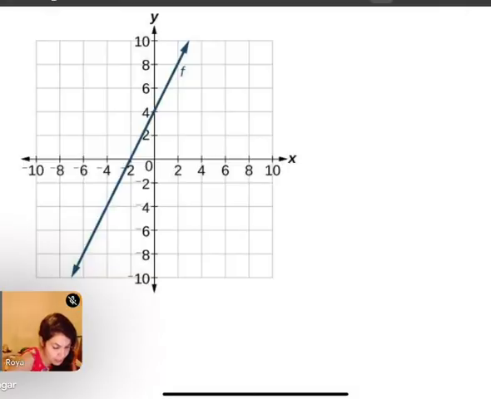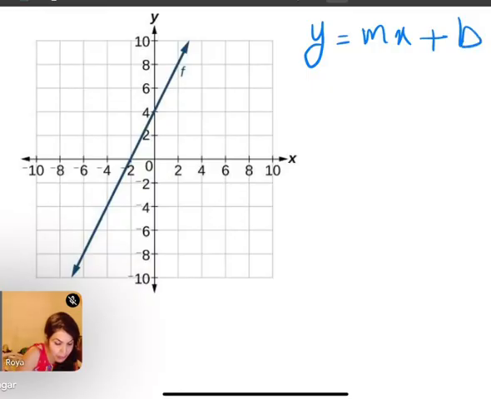It can be any point. We know that the equation of the line is y equal to mx plus b, where b is the y-intercept, and its intercept on the y-axis is at 4. So we already have b. b is 4.